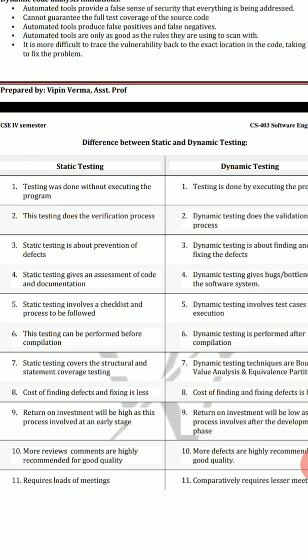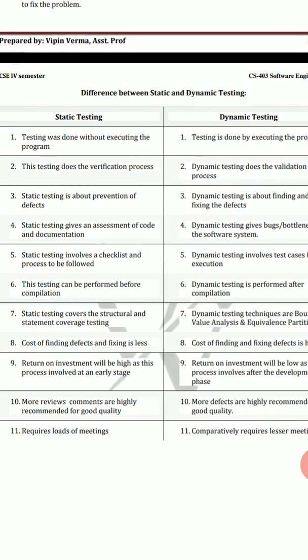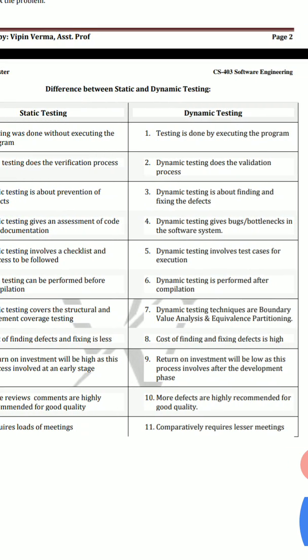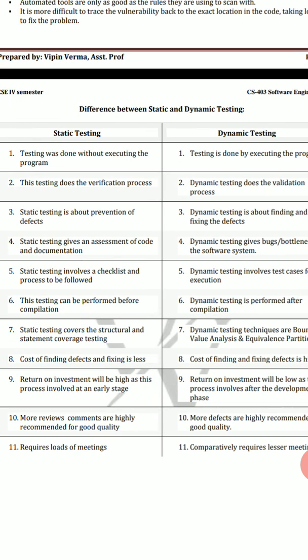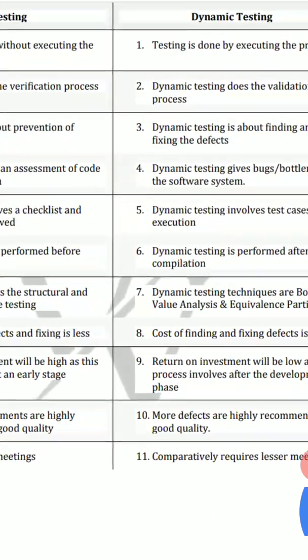As we know, static testing is done without executing the program, and dynamic testing is done by executing the program. So static testing is all about testing the code without execution of the program, and dynamic testing is done by executing the program.